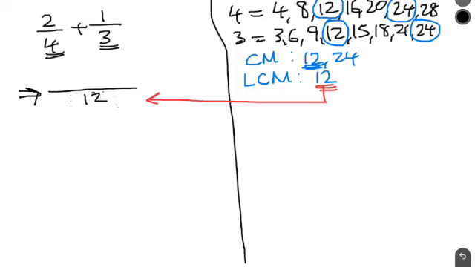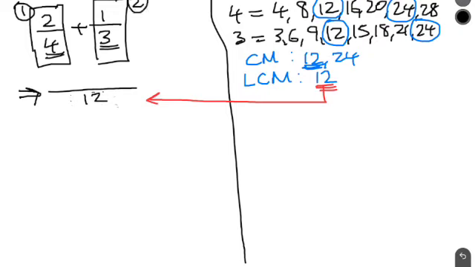So the next thing that we do now is we want to work with each fraction represented in our problem. So I'm just going to put a number so we can easily identify for later. And let's look at the first fraction here, 2 over 4. And we ask the question, what number when multiplied by 4 gives us 12?